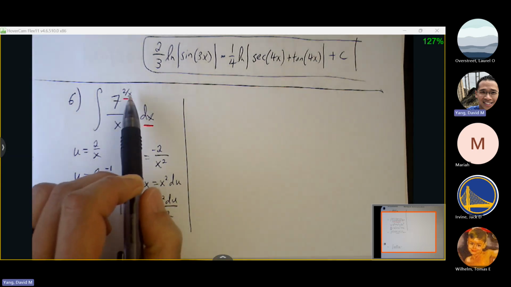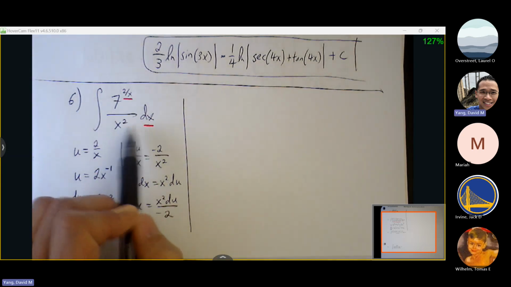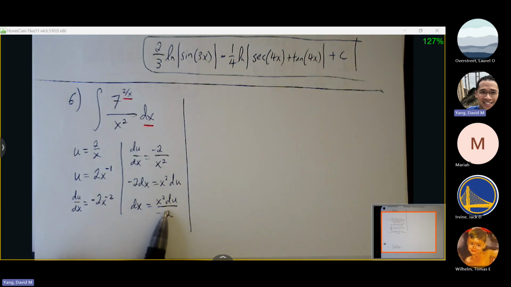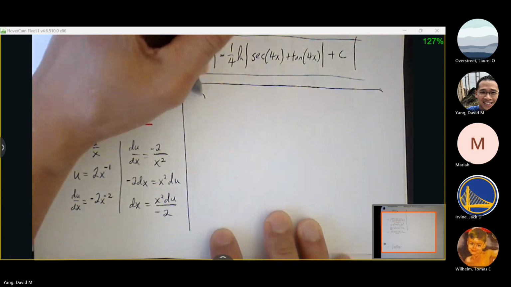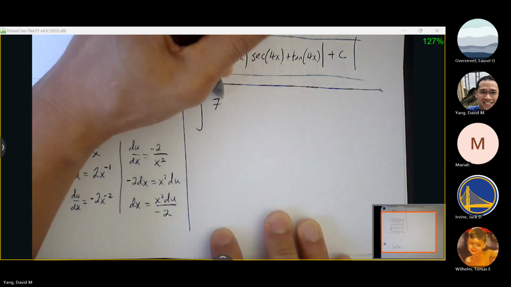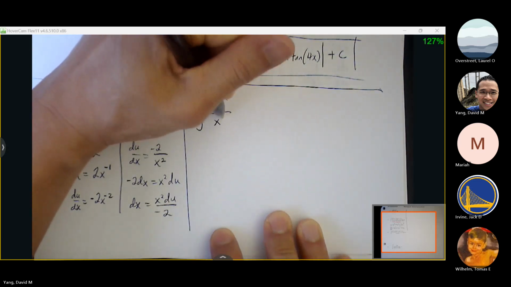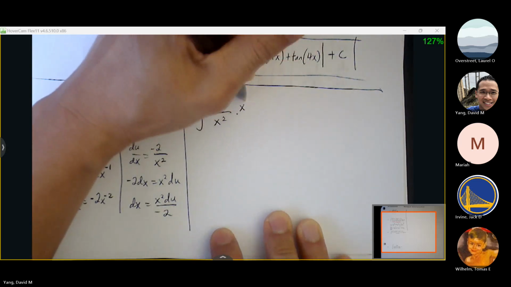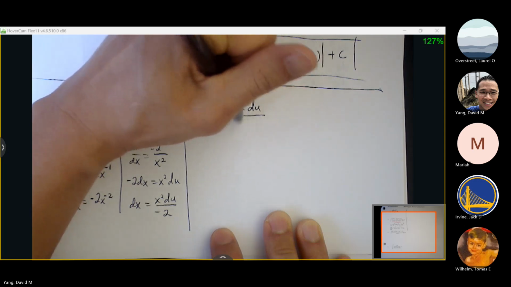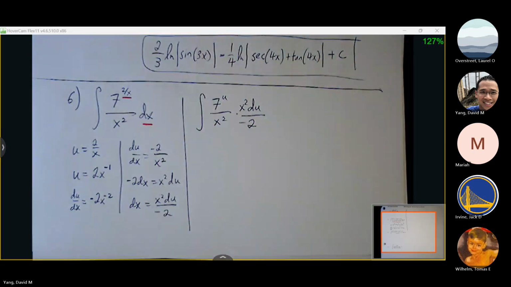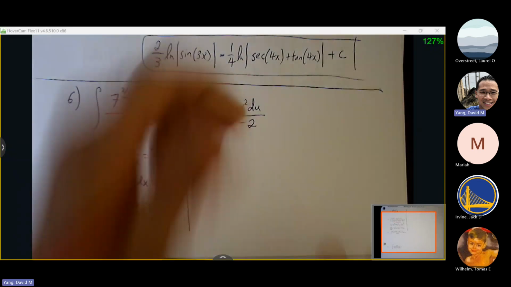I'll replace 2 over x in terms of u. Keep the x squared, replace dx with x squared du over negative 2. X squared goes away.